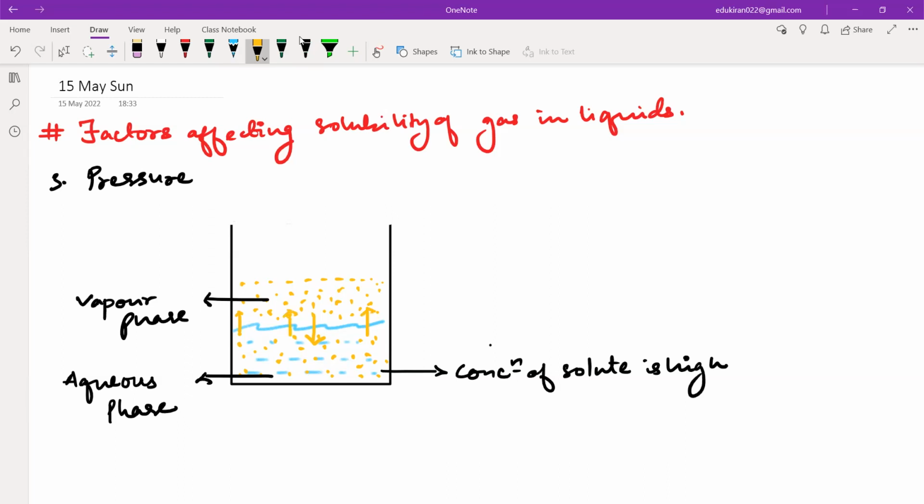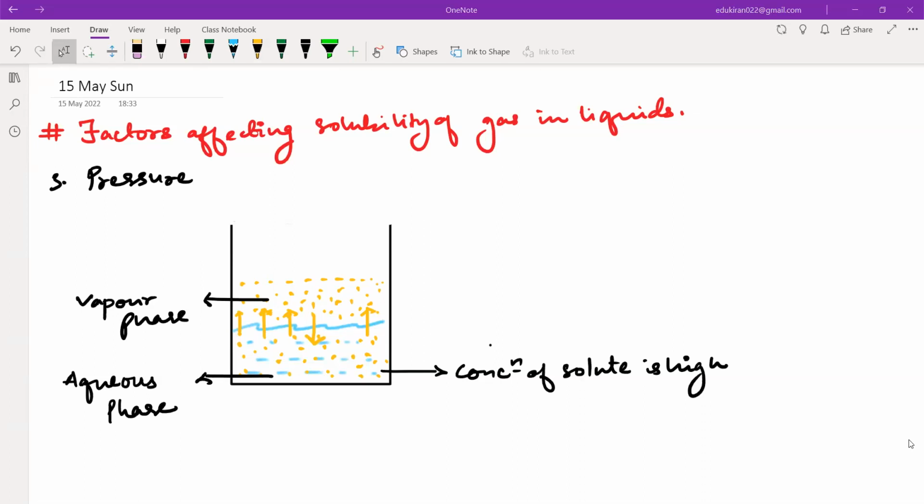Yes or no? Now you have understood that. That means there will be a large amount of molecules also in the vapor phase, correct? All of these are gas molecules. They will also be in large amount in the vapor phase. Is that right?